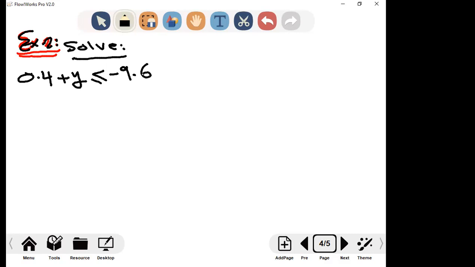Let's shift 0.4: y less than or equal negative 9.6 minus 0.4.